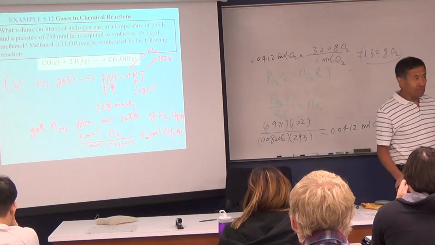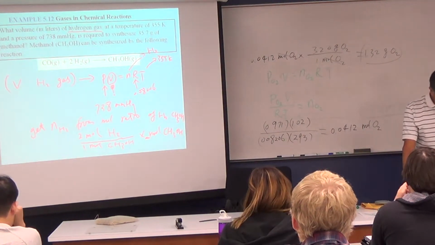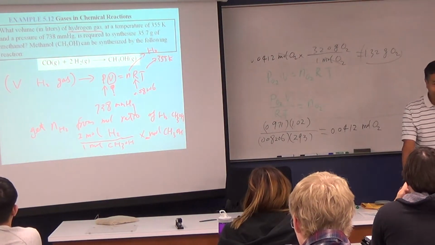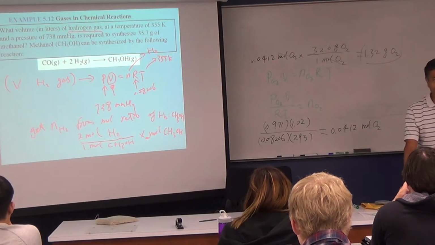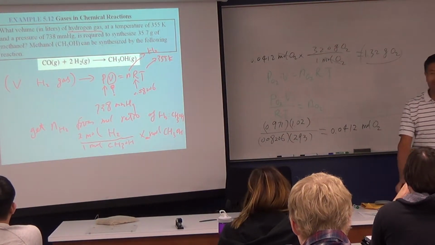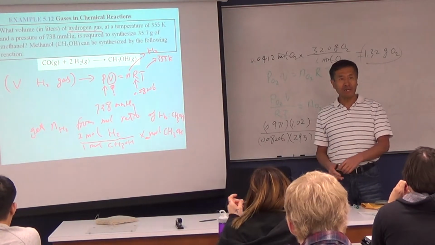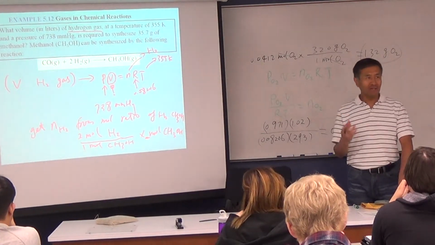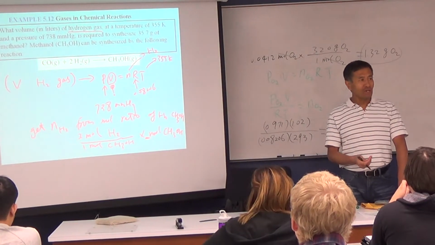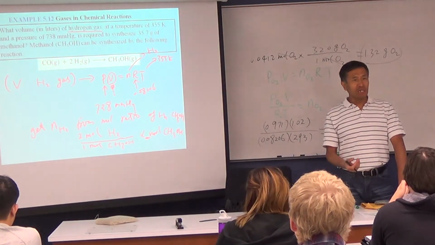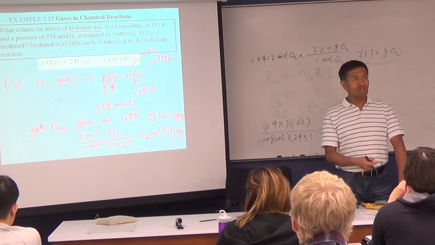Right. So how can we find out mole of methanol from the given information for this problem? Do we know anything about the methanol? Yeah, so it's kind of like switching your mind, right? So you see like what you will find out is about H2, right? But some other information is about something else.